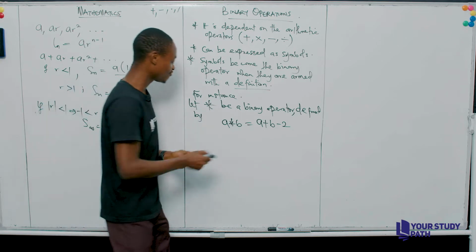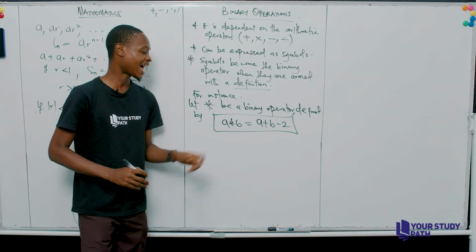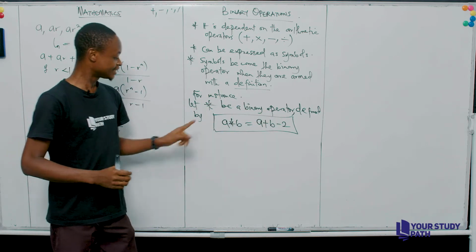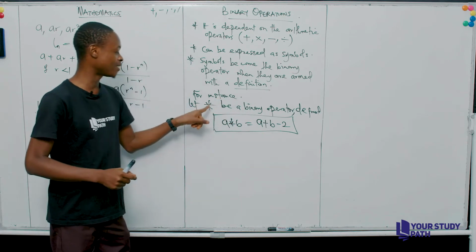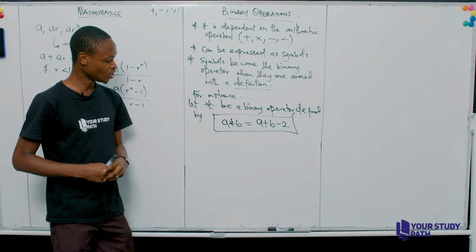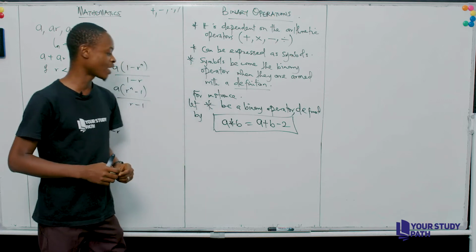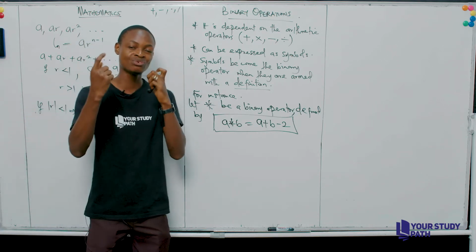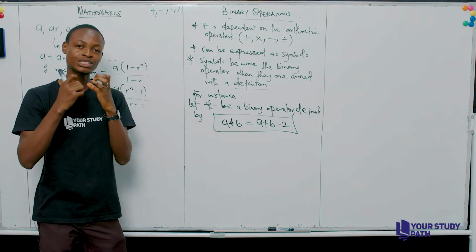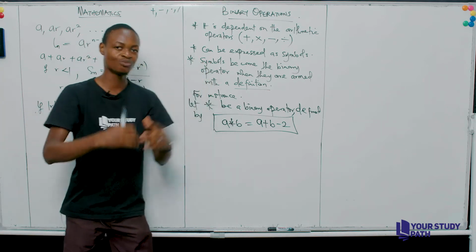And without this definition, so this entire line is what we refer to as the definition of a binary operator. This definition is what allows the binary operator to actually act and operate. So if you say A asterisk B is equal to A plus B minus 2, then we are saying that whenever you operate A and B with respect to the binary operator asterisk, what I'm expecting you to do is add A and B together, subtract 2 from them.